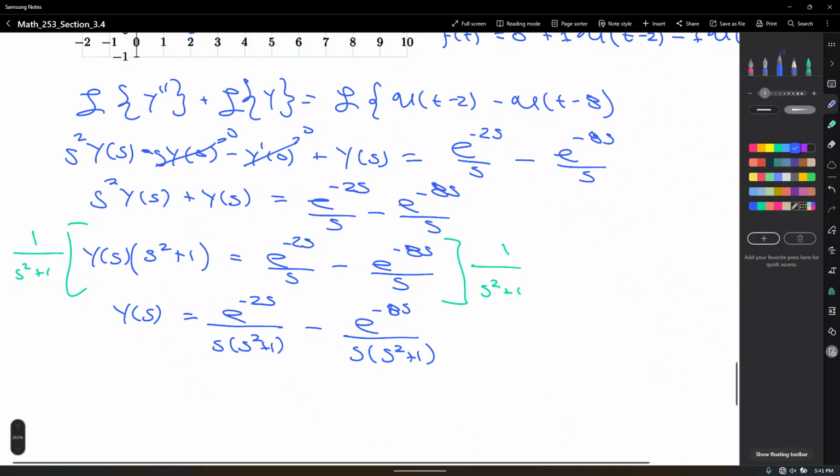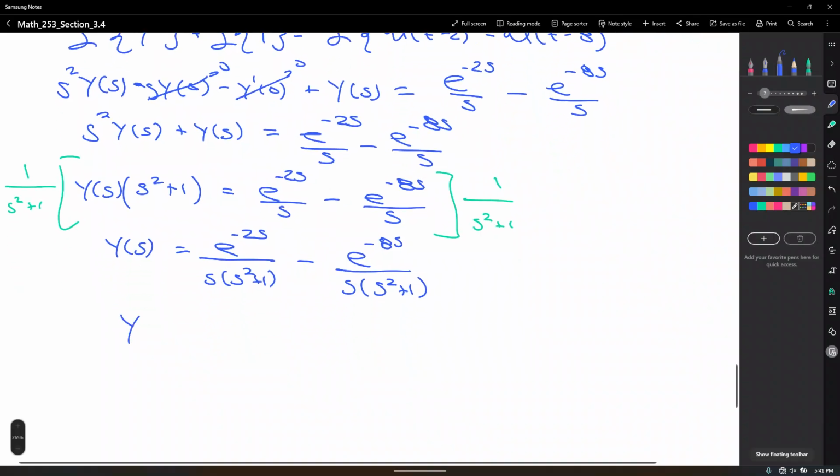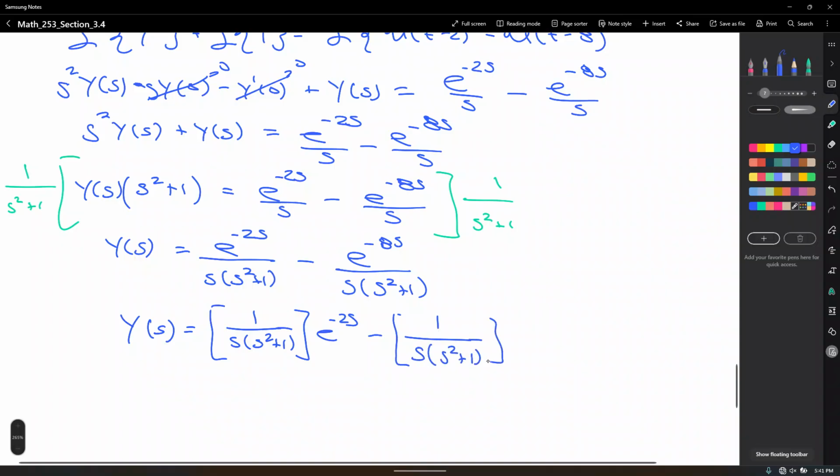Well, so it seems like a big problem because of the partial fraction decomposition. And in fact, all we have to do is simply one. Let me actually rewrite this one, so you can see what I'm talking about. Y of s equals 1 over s times s squared plus 1, e to the negative 2s, minus 1 over s times s squared plus 1, e to the negative 8s.